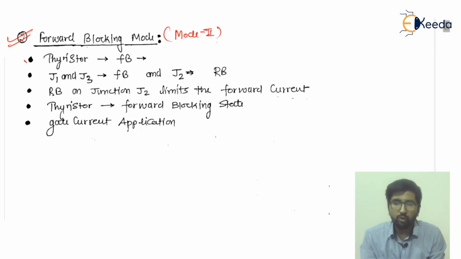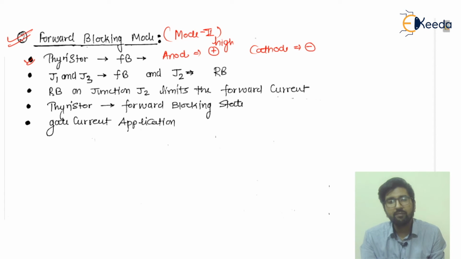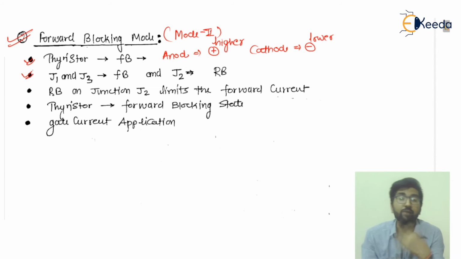If we talk about the thyristor, it will be forward biased. It means the anode will be at positive potential, and the cathode will be at negative or lower potential.